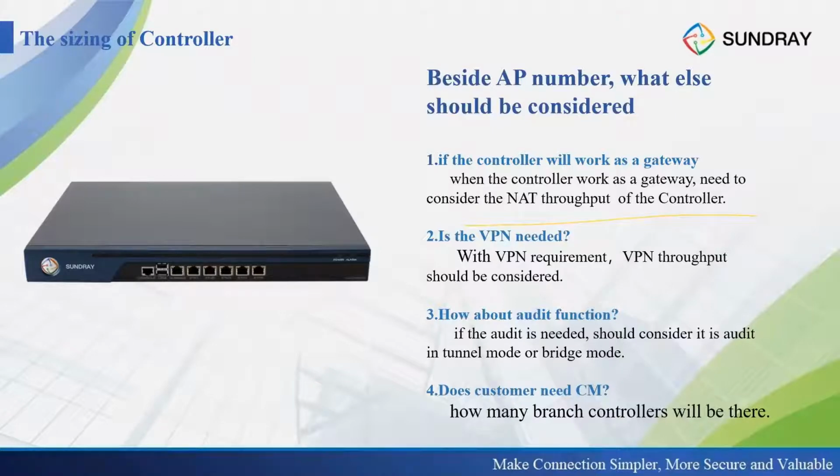And do they need the CM, the cluster management? Do you need the controller to manage other controllers? For example, if this client has 100 counters and 20 branches, we need to choose a controller that can manage another 20 controllers. So these are the questions we need to consider when sizing a controller.